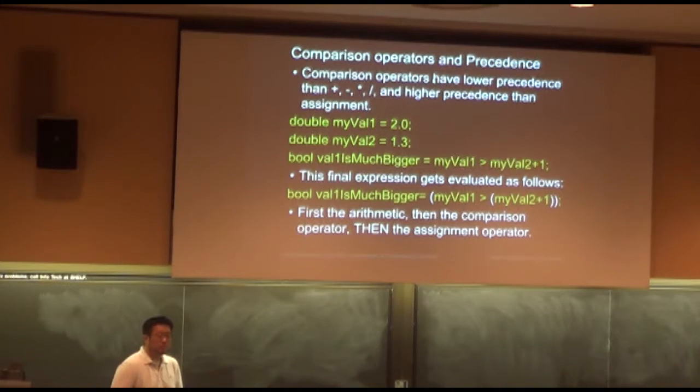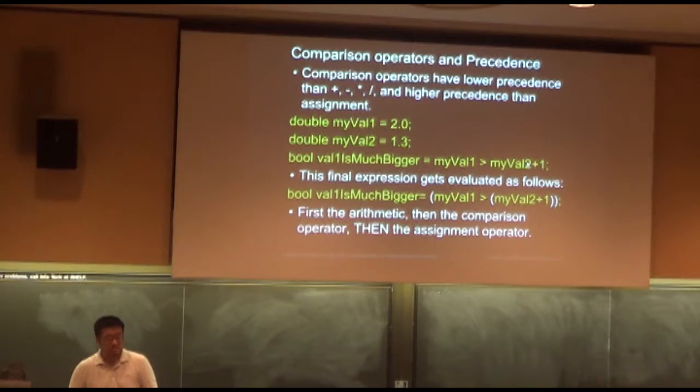The comparison operators, a new set of operators, exist between these and assignment. So if I have an expression like bool my val1 is much bigger equals my val1 greater than my val2 plus 1, then the arithmetic operations happen first, and then the comparison operations happen second.